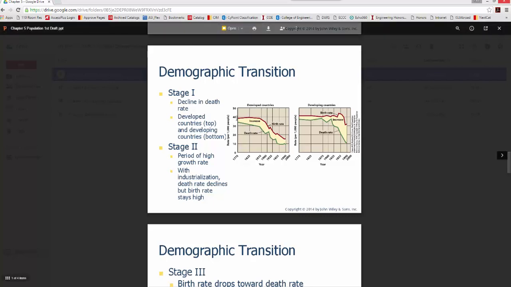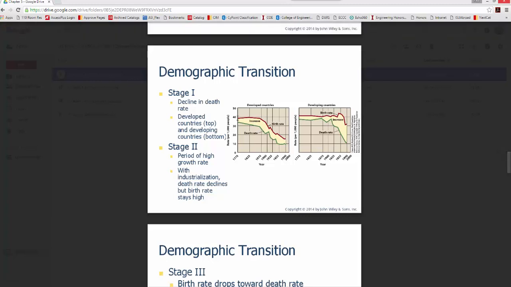We go back to 1775, we see that typically there were 40 births per 1,000 people. Okay, so that would be 4%. And then it looks like about 35 deaths per 1,000 people.